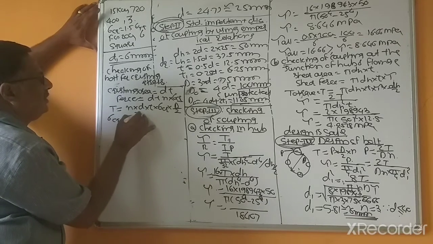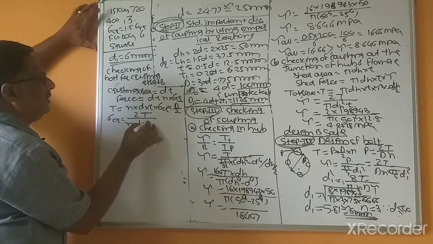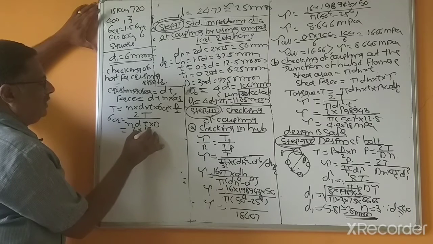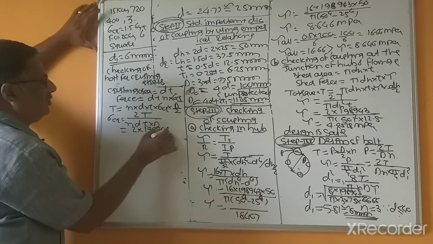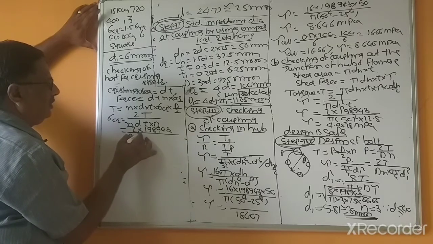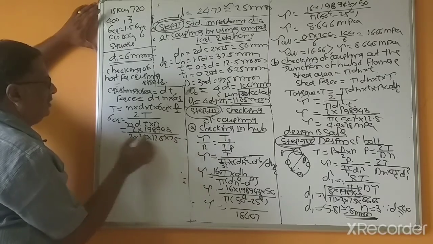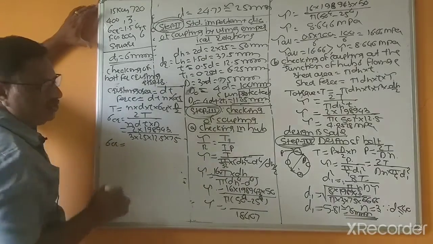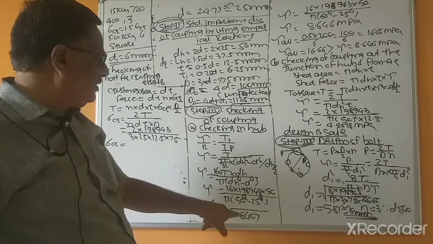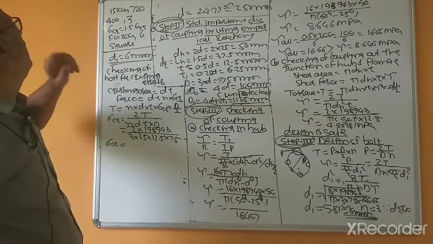Crushing stress equal to 2T divided by n d t into D. 198943 divided by n equal to 3, diameter is 25, 12.5, and this calculated value should be less than sigma yt, which is 400.